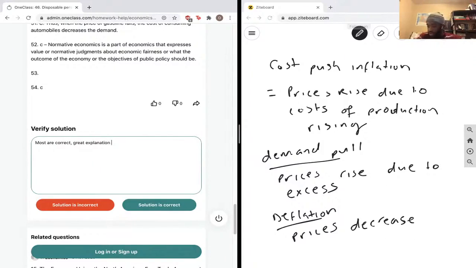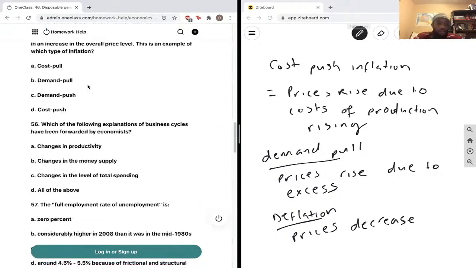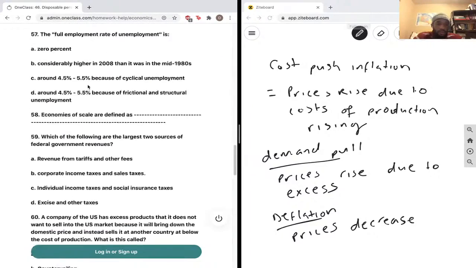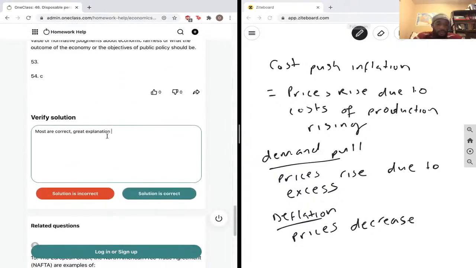And the one we didn't agree with was, I believe, question 51. Most are correct. Great explanation. Solution correct.